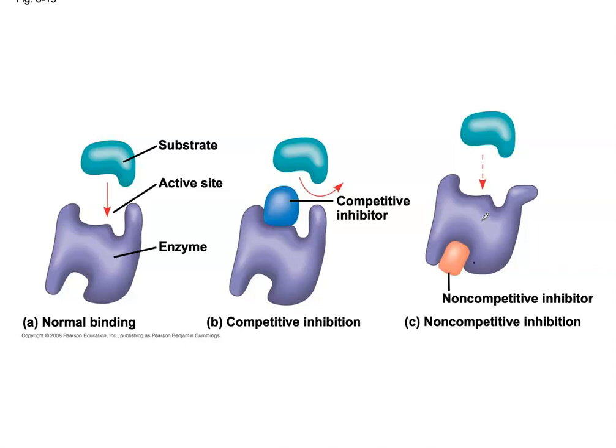We'll see a lot of this changing of conformation when we do translation and transcription, and when we talk about different ways in which they are regulated. A good example of a non-competitive inhibitor that can also be very dangerous is strychnine, which blocks the path of glycine.